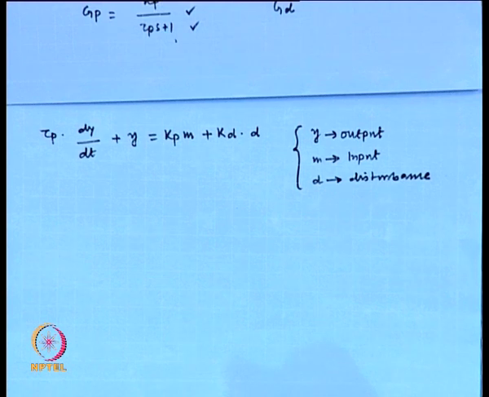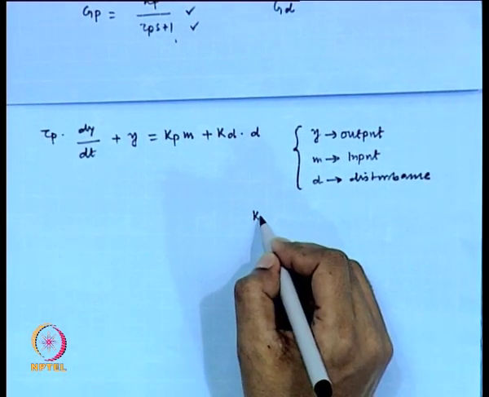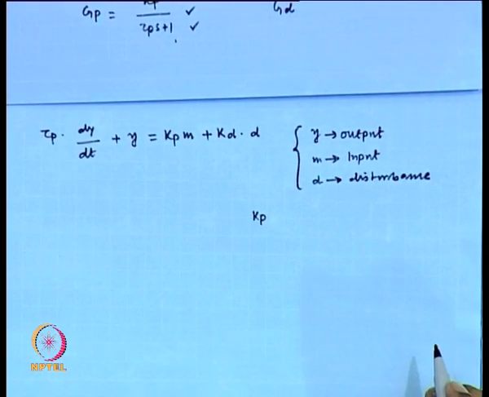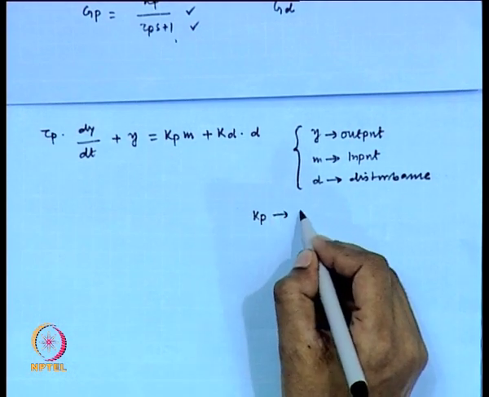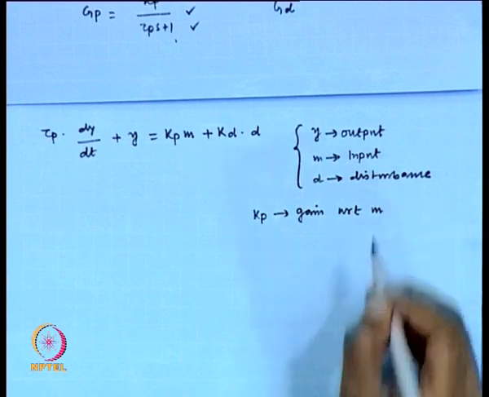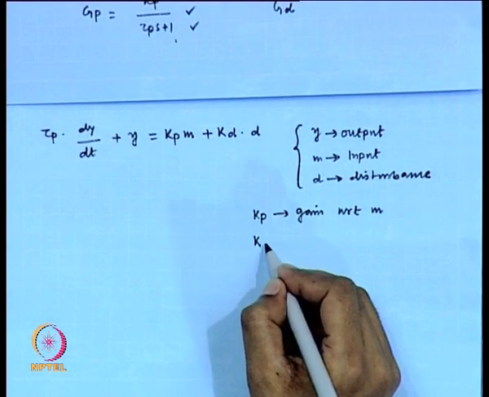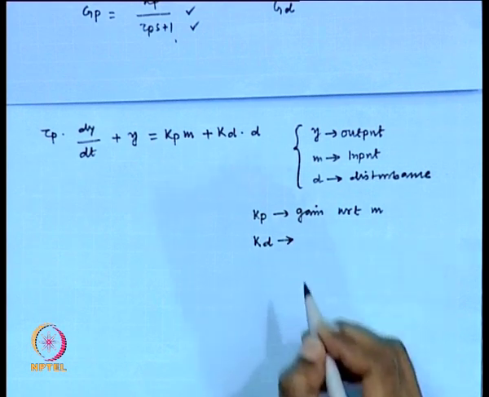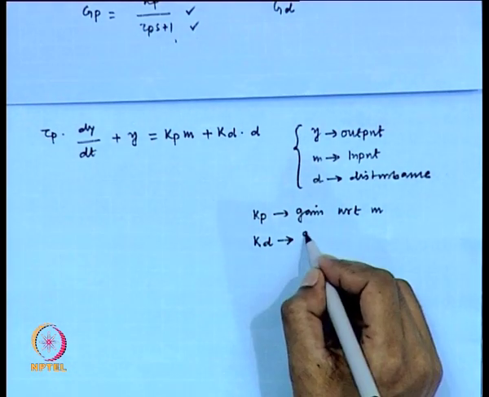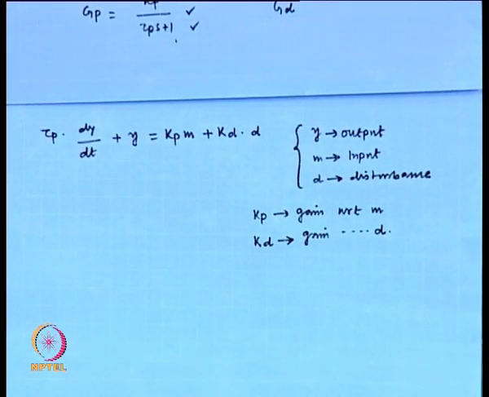Now, Kp is the gain of the process with respect to m. Another gain is involved in this equation, that is Kd. Kd is the gain with respect to disturbance.